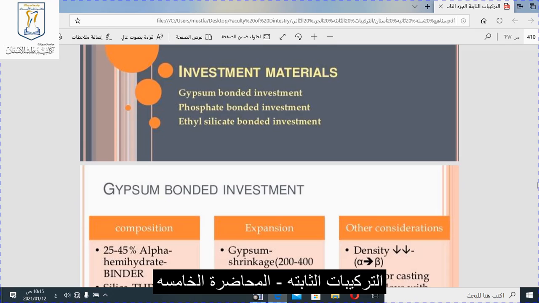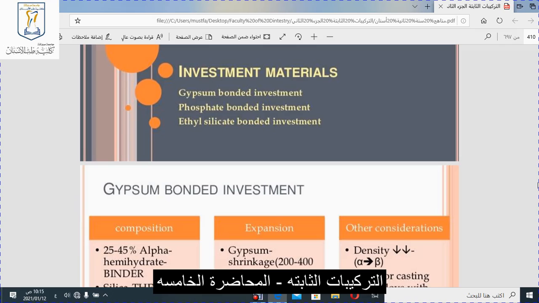The gypsum product gives three types of expansion. The first is setting expansion, during the transformation of hemihydrate to dihydrate during setting. When it is in contact with water, in a relative humidity at 37 degrees or in wet liners, it takes water and gives hygroscopic expansion.